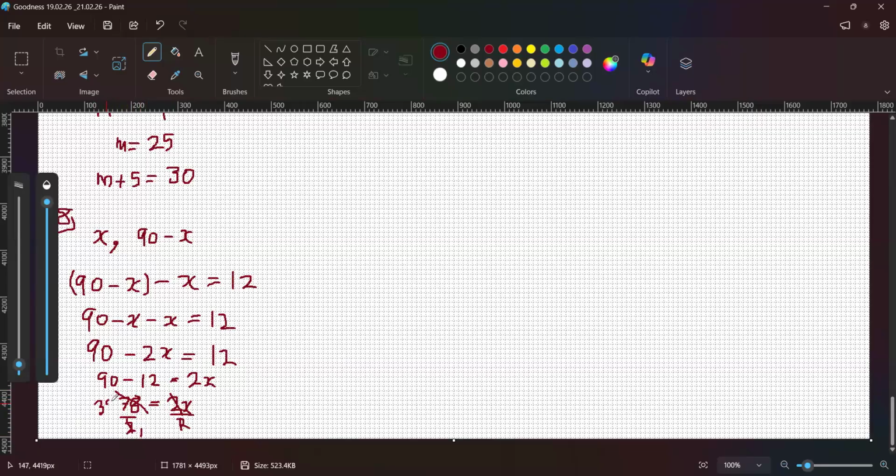Therefore, x will be equal to 39 degrees. And then the complementary angle of x, 90 minus 39, is what?